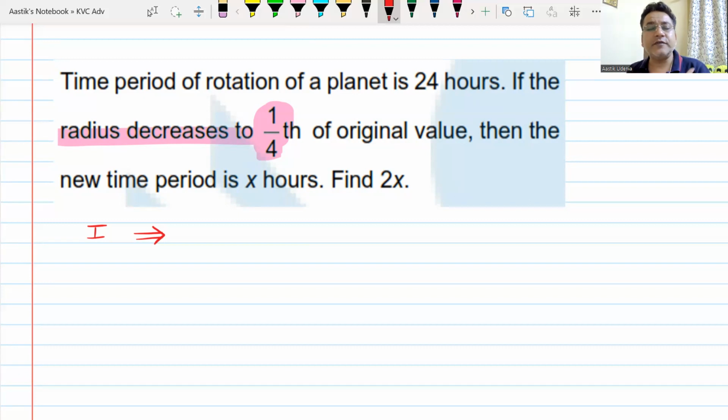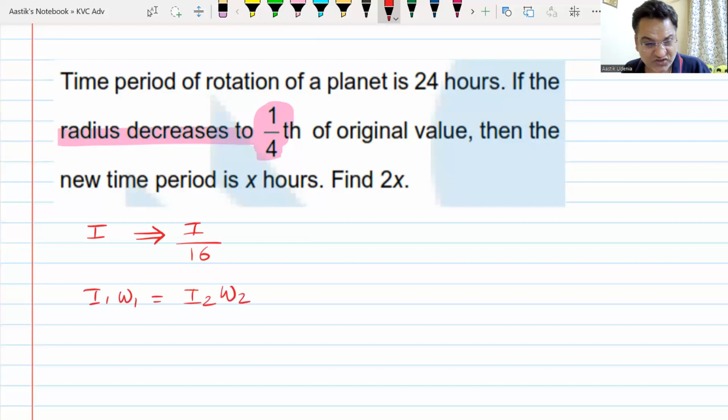Radius of a planet becomes 1 by 4. What happens to the moment of inertia? How much it becomes? 1 by 16. Yes or no? Yes, sir. That's it. But the angular momentum will remain constant. I1 into omega 1 will be equal to I2 into omega 2.